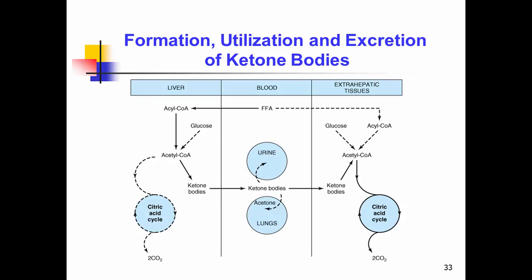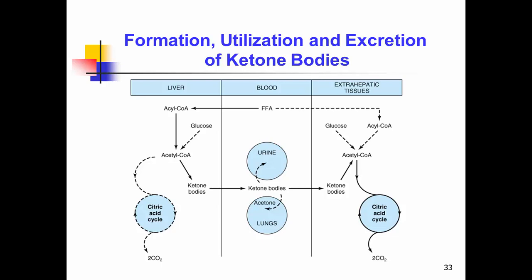If you still remember, about 70%, 2/3, of the fatty acids released from fat tissue are picked up by muscle and utilized as energy during the fasting condition. And 1/3 of the fatty acids released from fat tissue actually goes to the liver for fatty acid oxidation and gluconeogenesis.